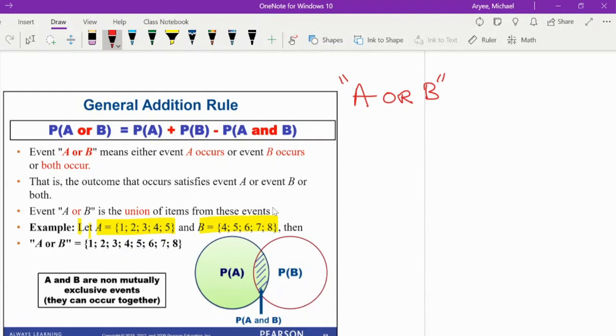We take all the A's, then all the B's, which is 4, 5, 6, 7, 8. But look at 4 and 5: they are in both places, so you have to subtract the overlap.